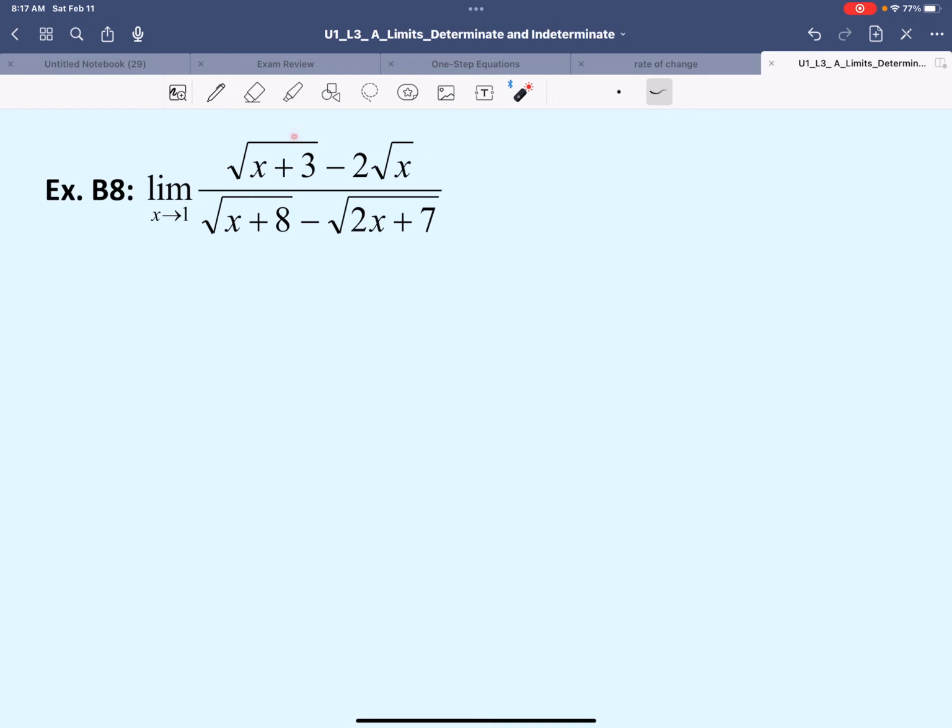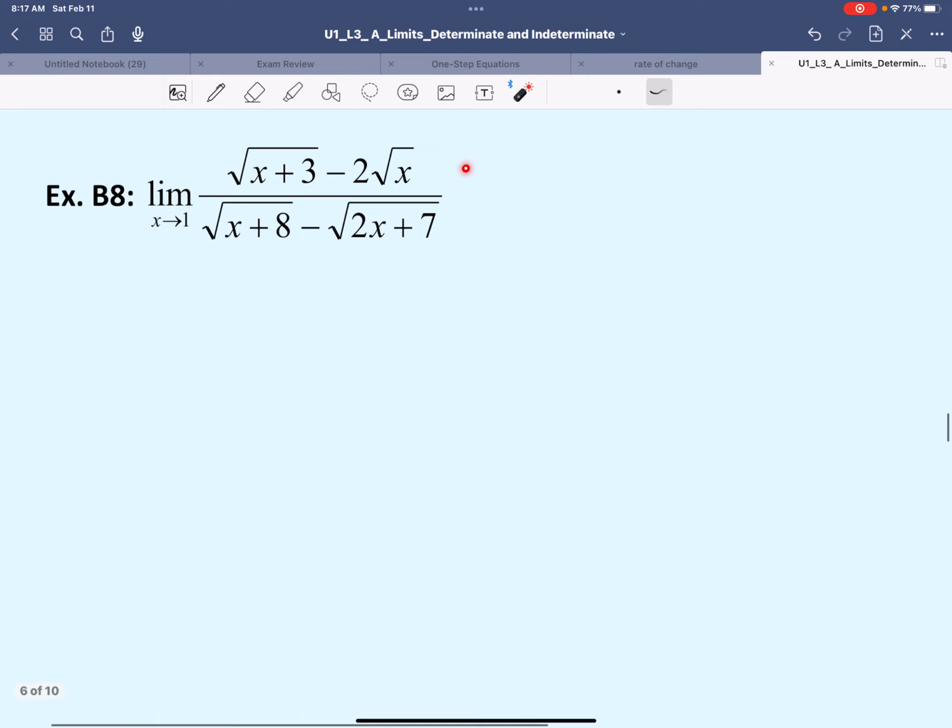And because we have radicals on both sides of this rational expression, we have to rationalize both the numerator and the denominator. We perform rationalizing by using what we call the conjugates or the conjugation method.